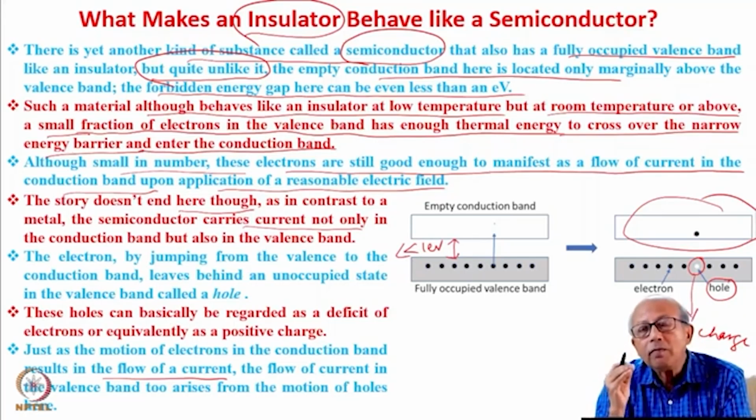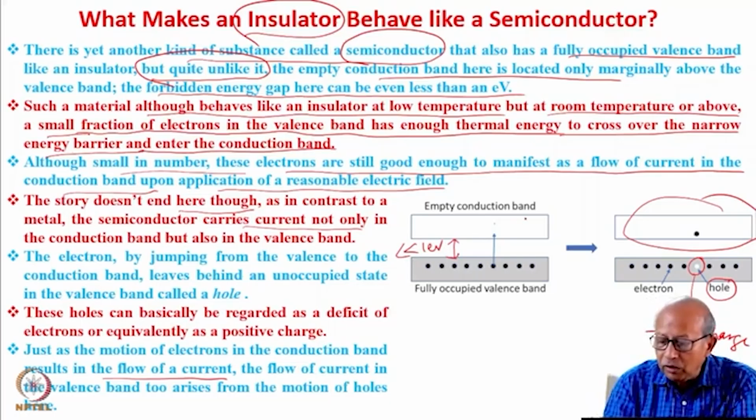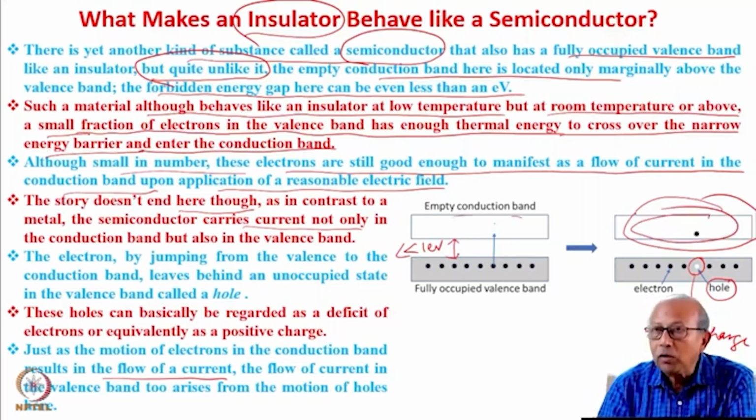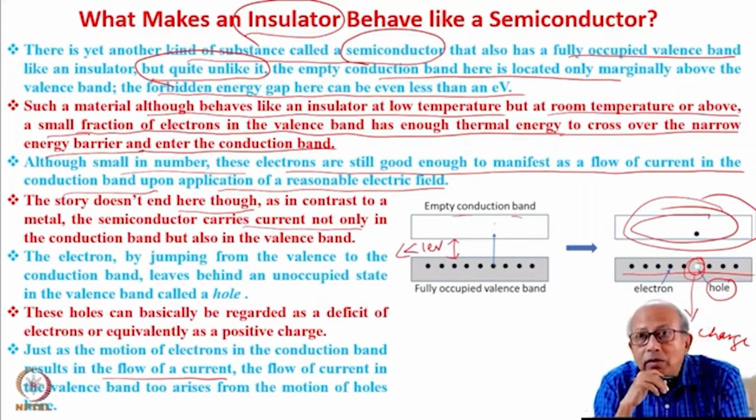In a metal, the conduction occurs only due to the flow of electrons in the conduction band. But in a semiconductor, the conduction occurs not only as a flow of electrons in the conduction band, but also the flow of holes in the valence band. This is what makes semiconductors much more interesting than a metal.